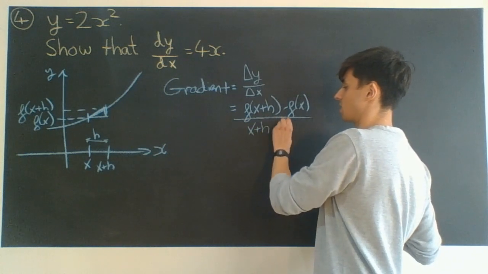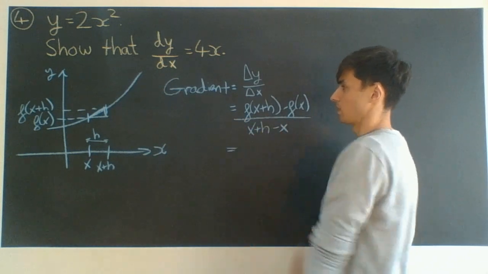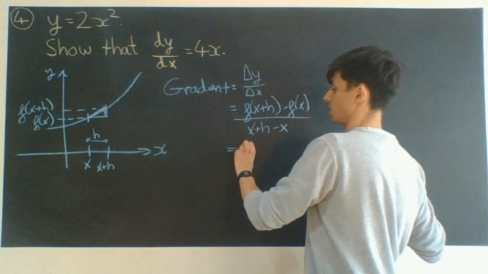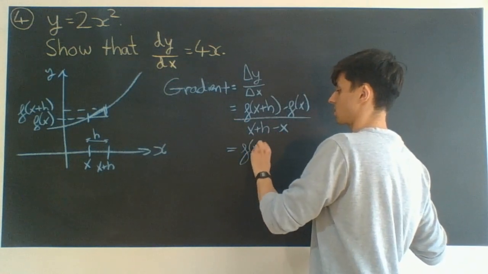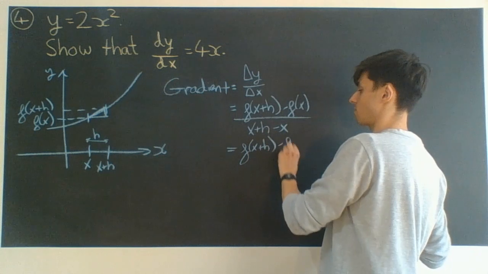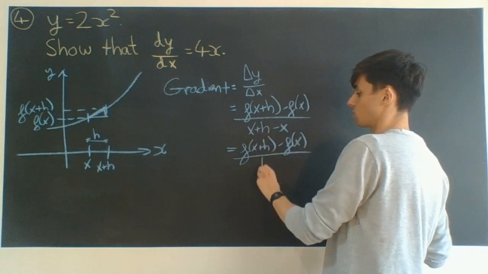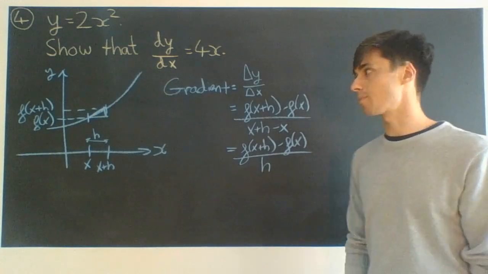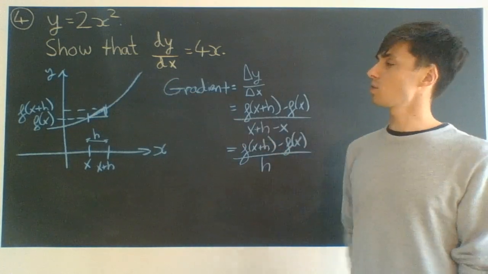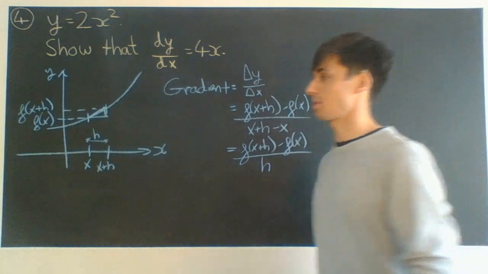And what this gives us is this: f of x plus h, take away f of x, and these two x's cancel out to just give us h on the bottom. That tells us the gradient, or a rough approximation.